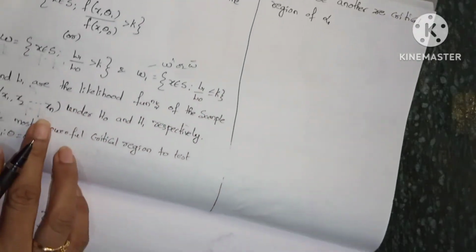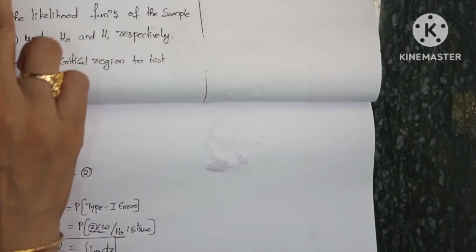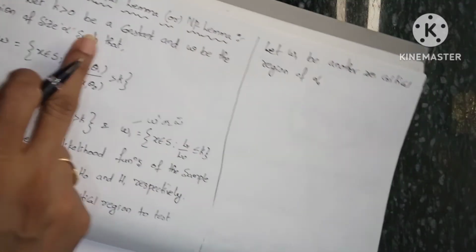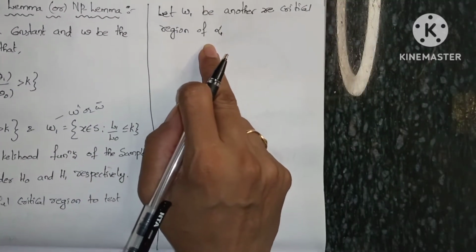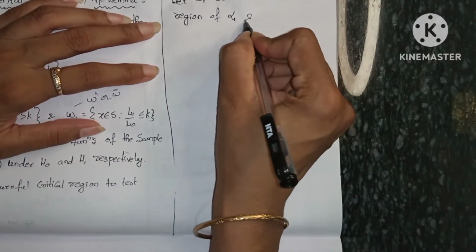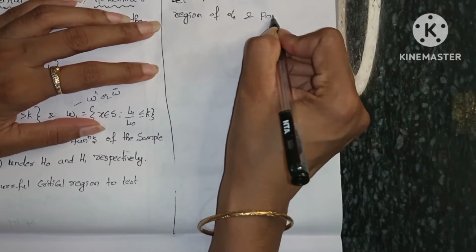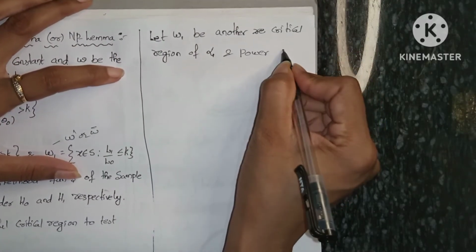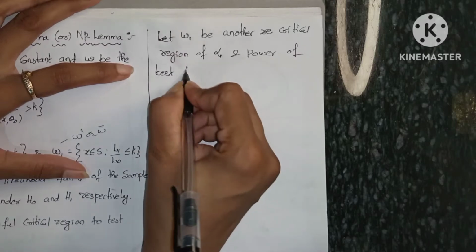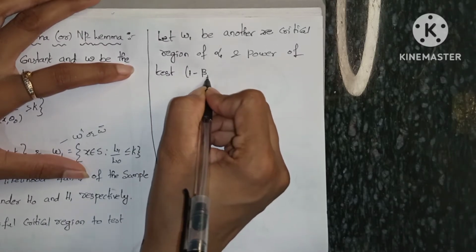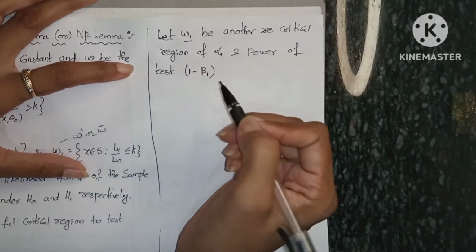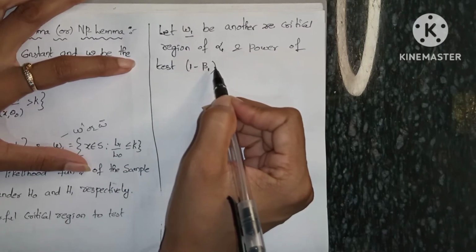Because here we have taken omega with size alpha, and omega 1 with size alpha 1. And the power of the test is 1 minus beta 1. Instead of beta, we write beta 1, because we have taken another critical region. So that's why it is indicated with 1 minus beta 1.